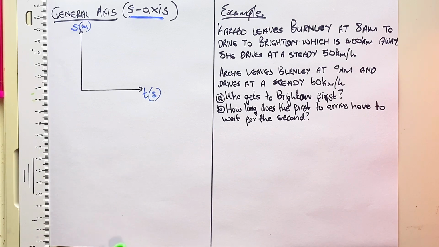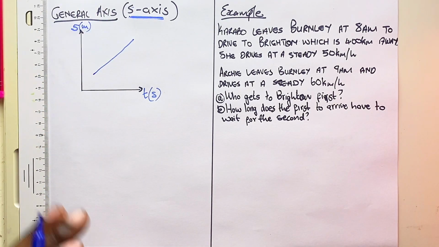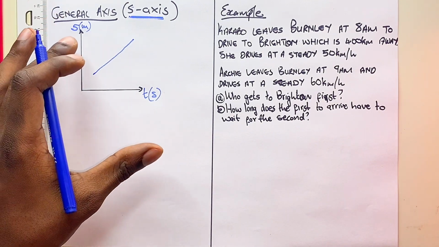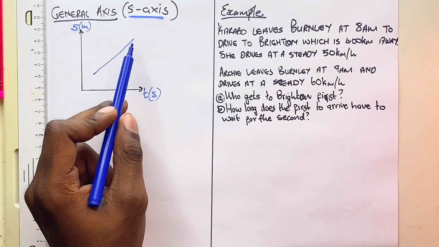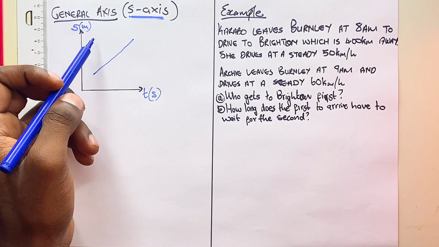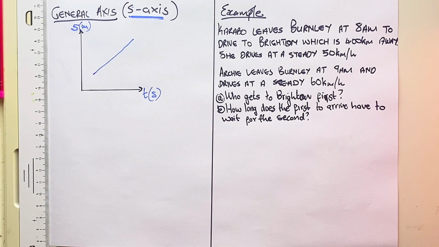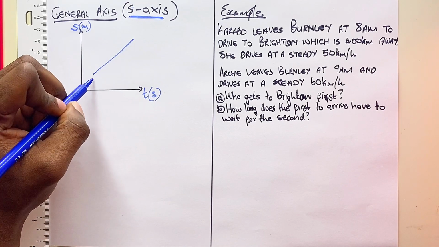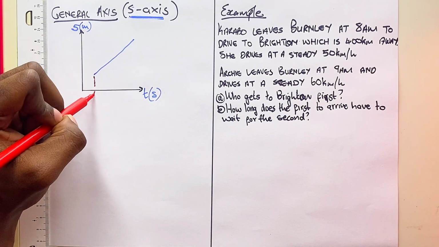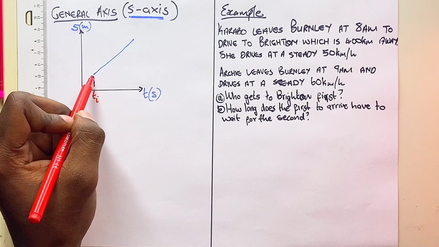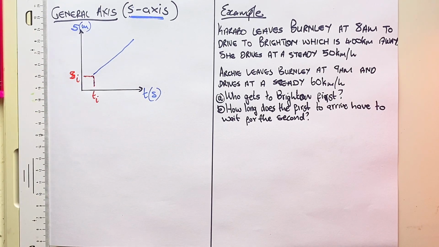So we are going to find this by saying, okay, let's draw a straight line. We know that uniform motion will be a straight line, a nice linear line. It doesn't matter whether that line is negative or positive. Now we know that at the beginning of your motion, you will have an initial time and an initial position.